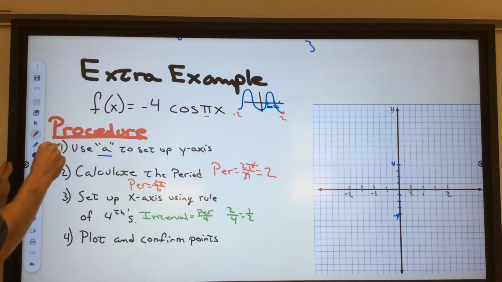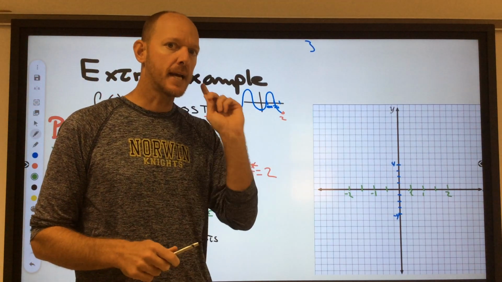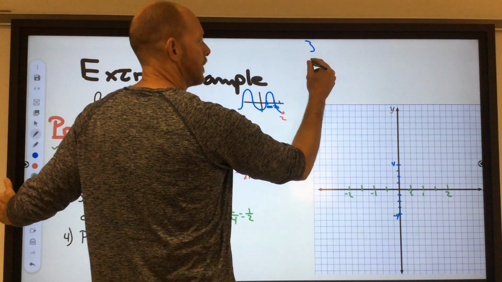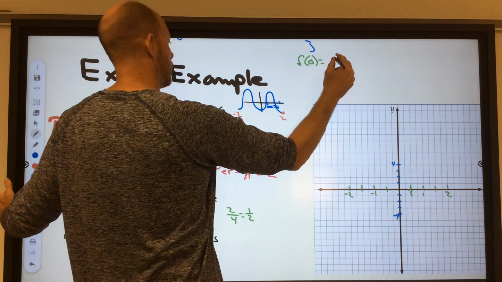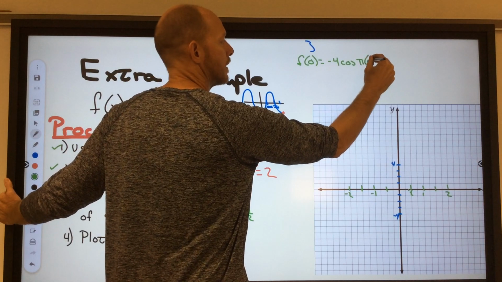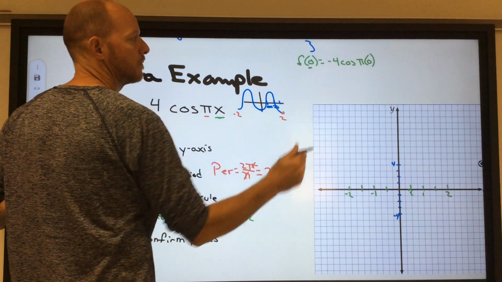All right, so I have done the first 3 steps. Now it's plot and confirm the points. Well, again, if we understand that we're starting off with cosine, so I have f of 0 equals negative 4 cosine pi x. So again, I replace x with 0.